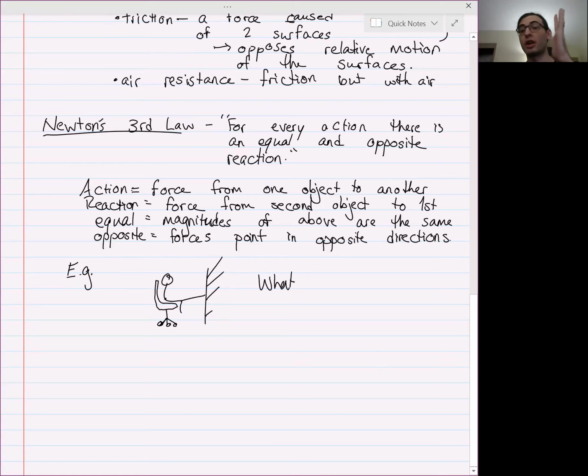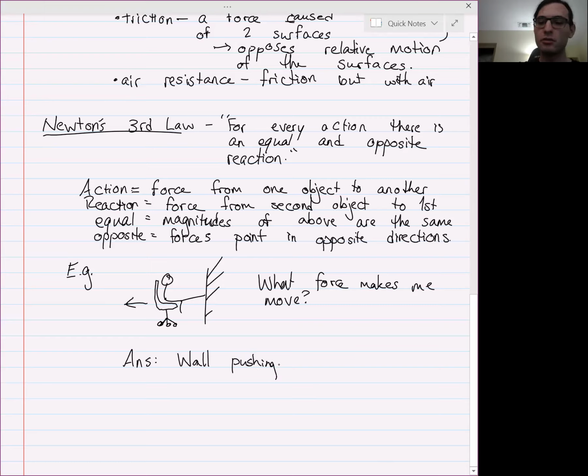I push off on a wall and I would roll back, right? The answer to this question seems kind of counterintuitive. The force that makes me move, the force that is applied that causes my motion, is the wall pushing back on my legs via a contact type force or a normal force.